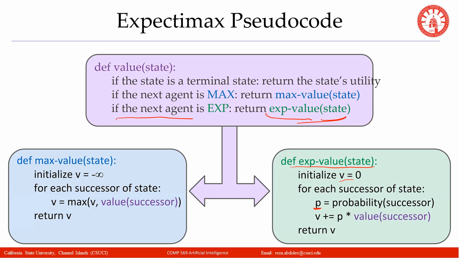How? I'm going to explain that in a bit. Then you add all those weighted values and come up with the value for that state, and finally you return that value. For the max agent, it is the same as in minimax. You take the max of the V that you have in that state with the value of the successor, and you return V.